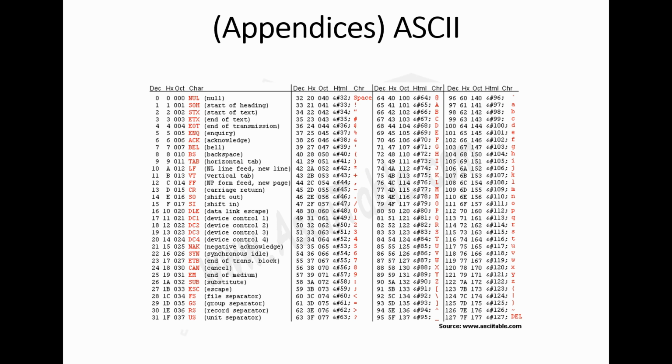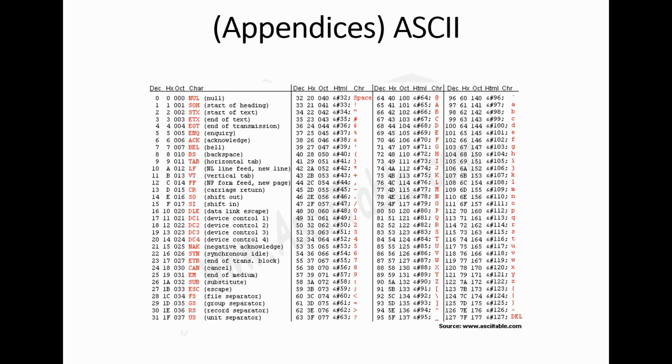Uppercase Z is stored as 0, 1, 0, 1, 1, 0, 1, 0, which corresponds to the number 90 as a decimal number. The character for 0 is stored as 0, 0, 1, 1, 0, 0, 0, 0, and not 8 zeros in a row.